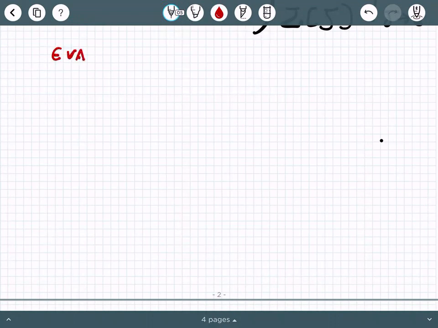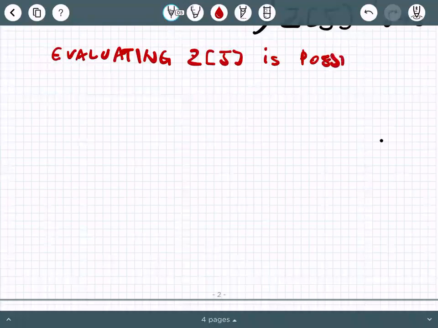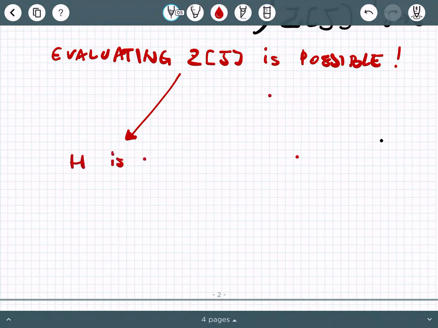So evaluating Z of J is possible, and we're going to show this in the most well-known case, in which the Hamiltonian is a quadratic function of the field.